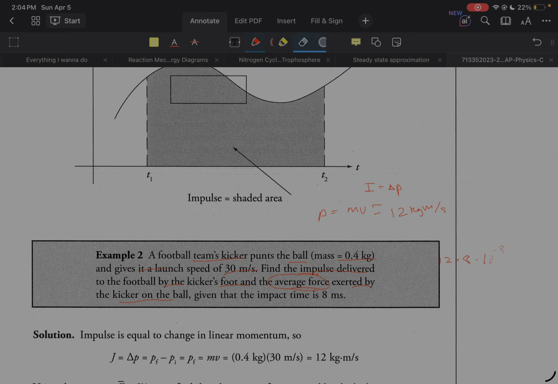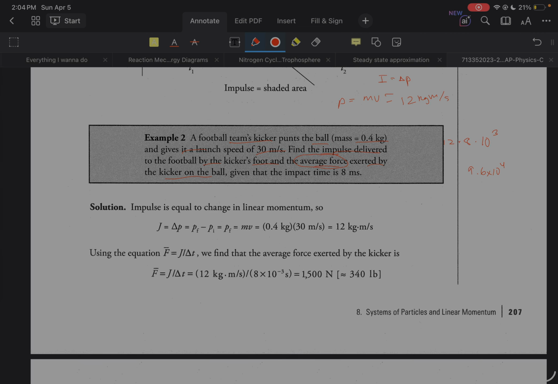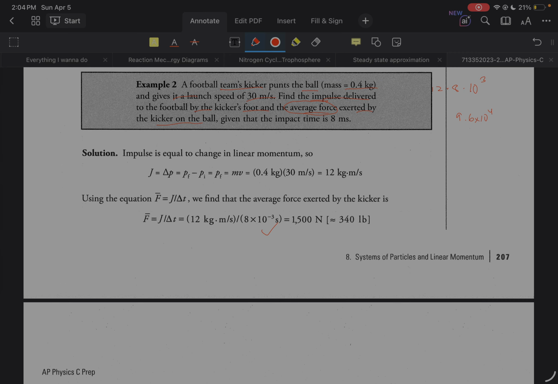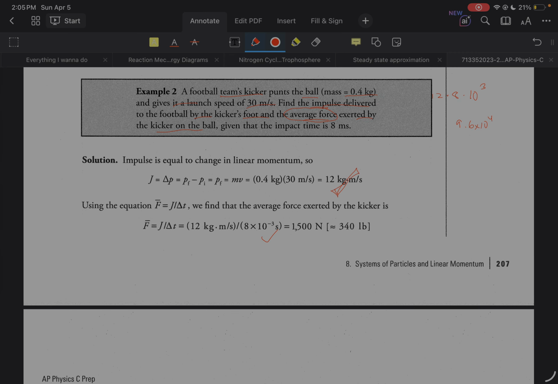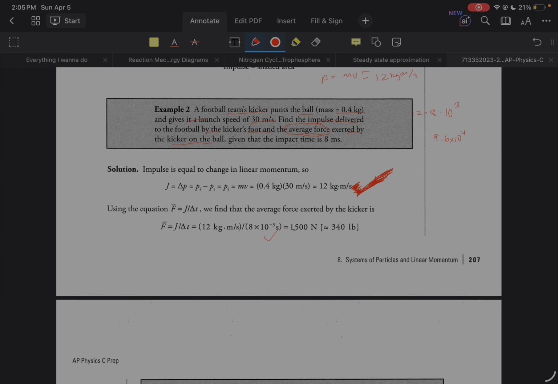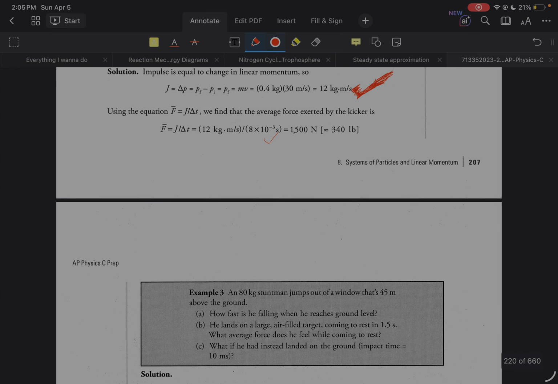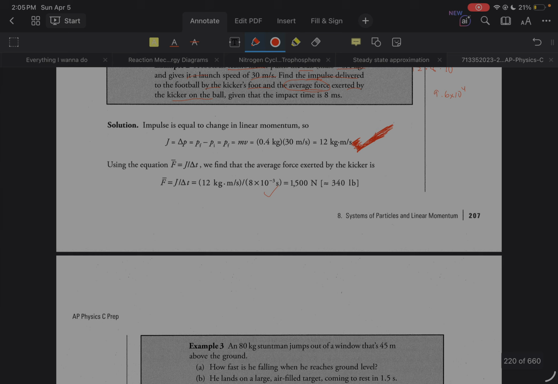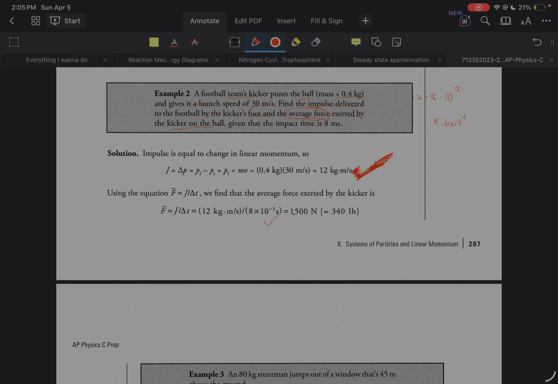So that times 12, positive 3, 96, 9.6 times 10 to the fourth. It's the same as this.